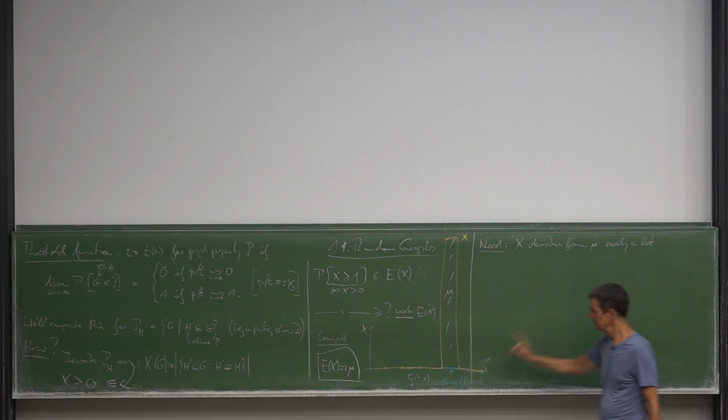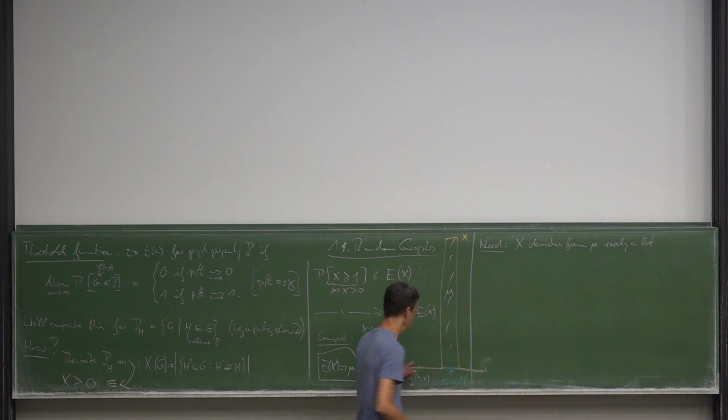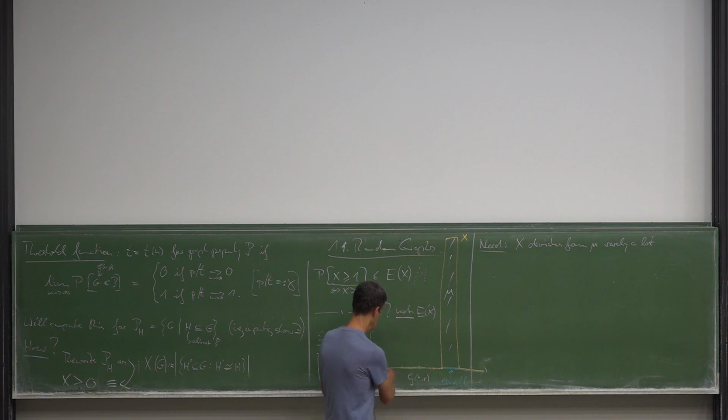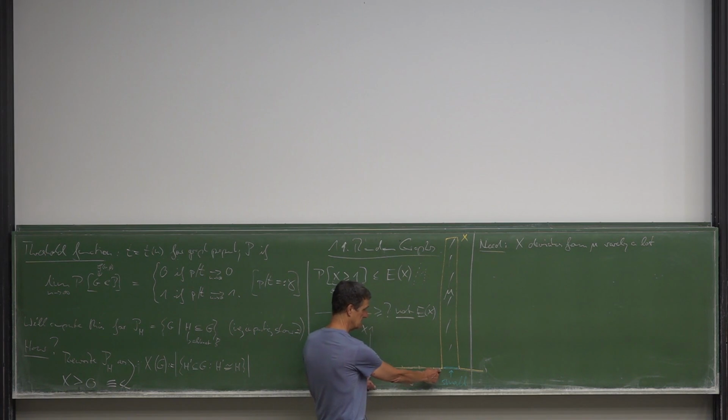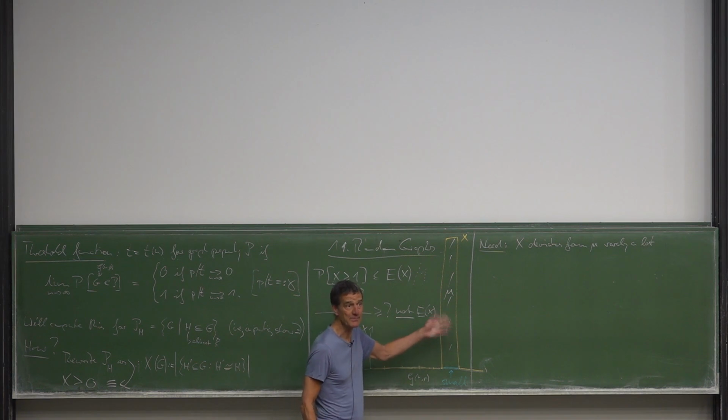Unlike here, where X deviates everywhere: this yellow area indicates that X is 0. Everywhere where X is 0 deviates a lot from the mean, because we made the mean big.